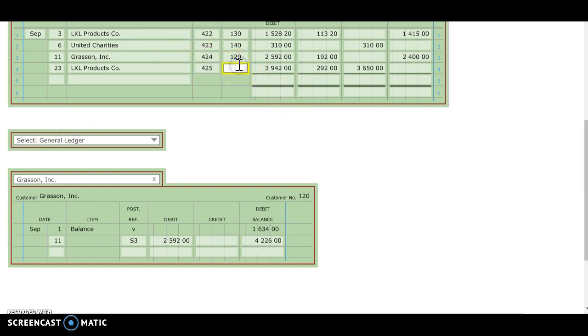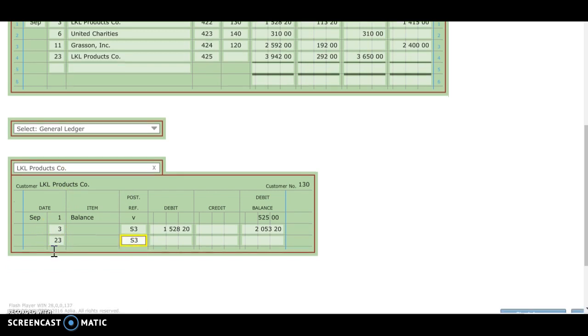And last one that needs to be posted individually here is my LKL Products Company. It is the 23rd, S3, and I have a debit of $3,942.